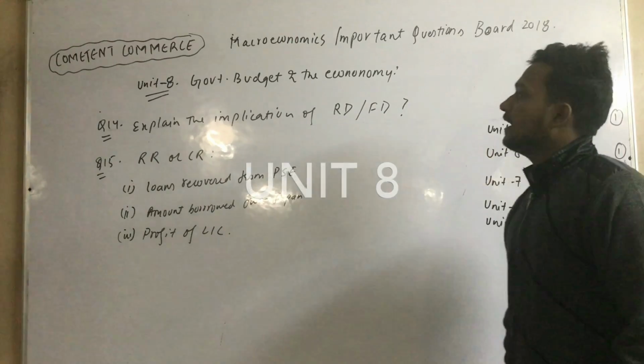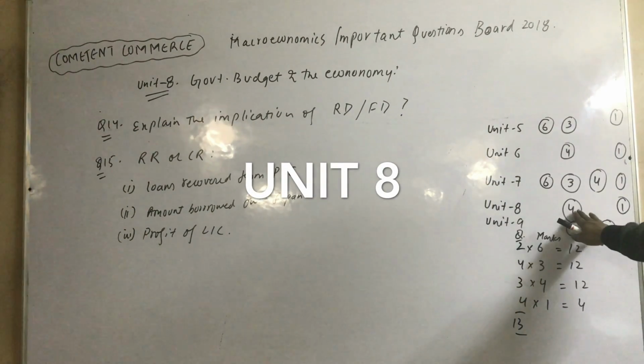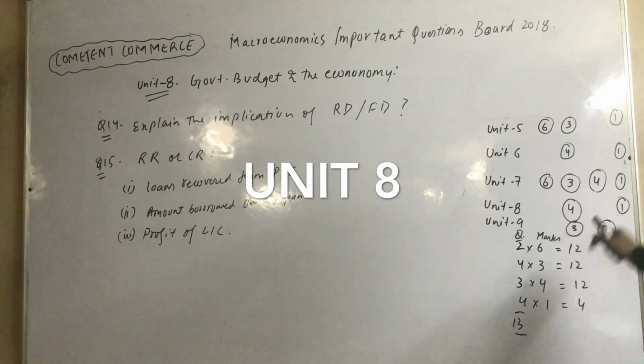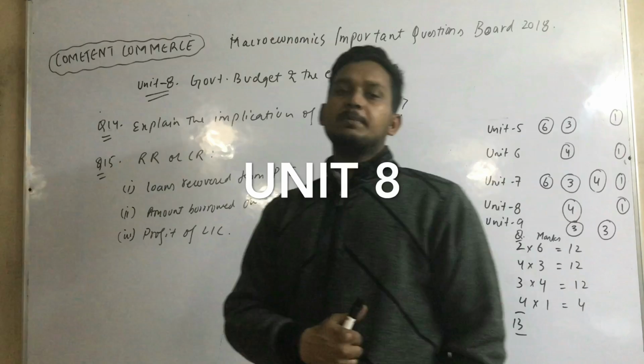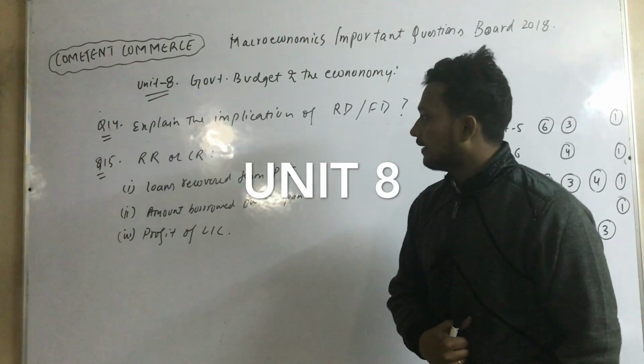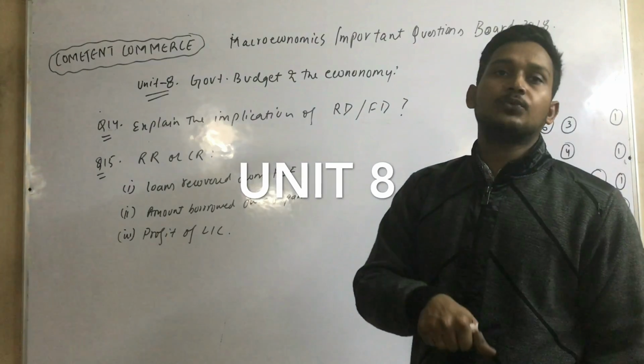Now come to unit number 8, that is the government budget and the economy. This unit will carry a question of 4 mark and a question of 1 mark. Let's talk about what question can be asked for 4 marks. There are 2 kinds of question in this chapter that can be asked for 4 mark.